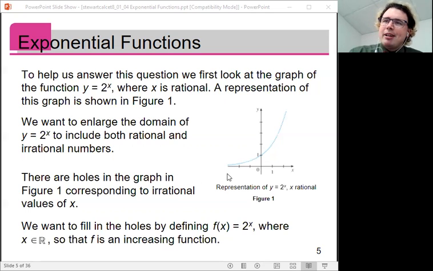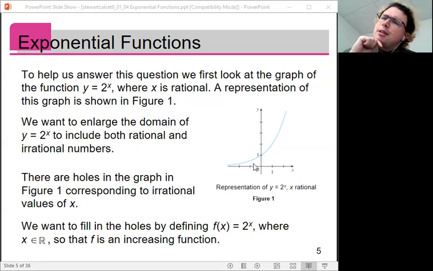And if I went to graph it, I'd have a graph that's full of holes, a whole bunch of them, because this graph would only exist for the rational values of x, and I know that not every real number is rational.